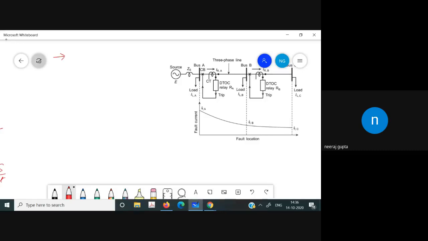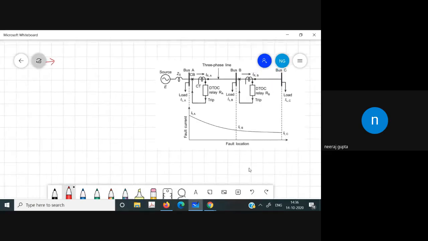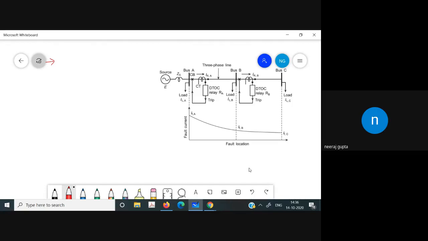This is a small diagram of a feeder. So we have to do the feeder protection. The application heading would be the application of what we have discussed in the last lecture, the definite time overcurrent relay, DTOC.